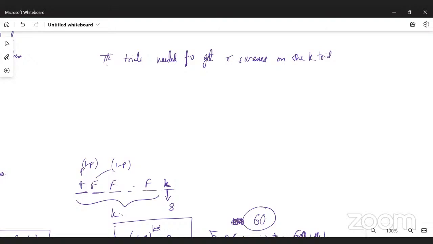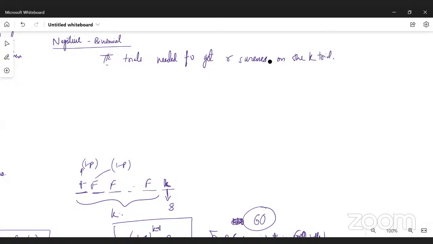I'm talking about the negative binomial distribution. So it is the number of trials needed to get R successes on the kth trial.